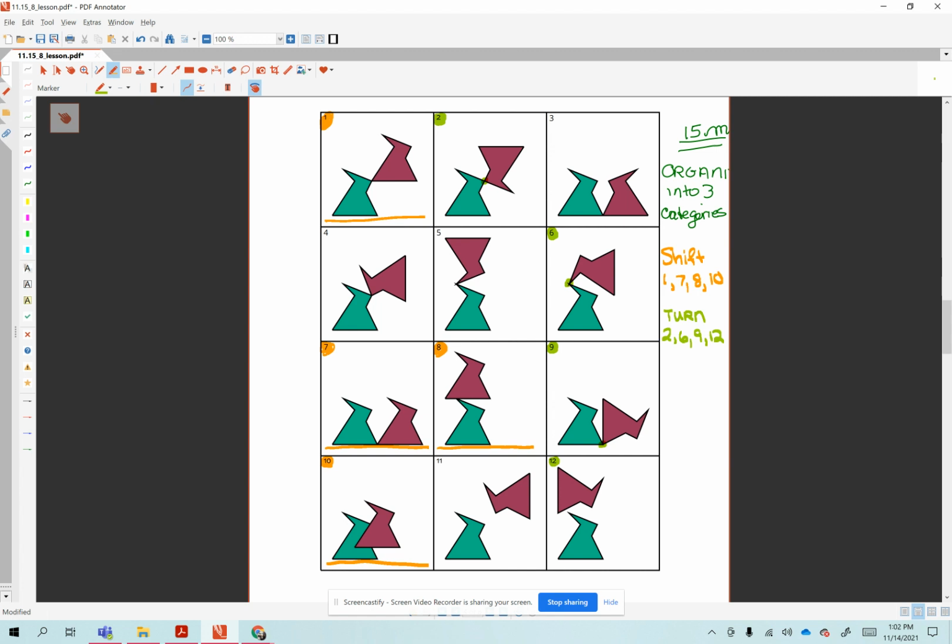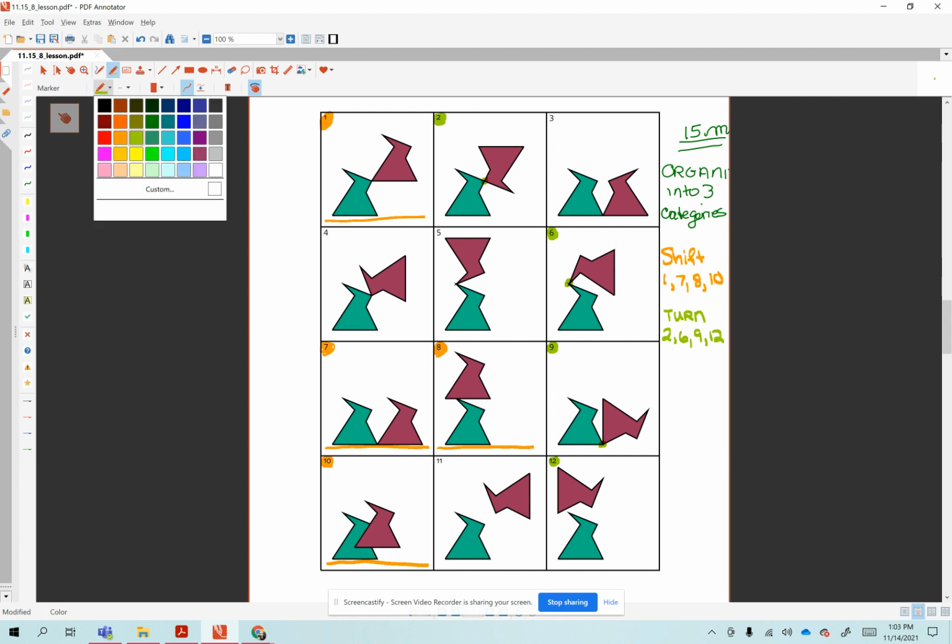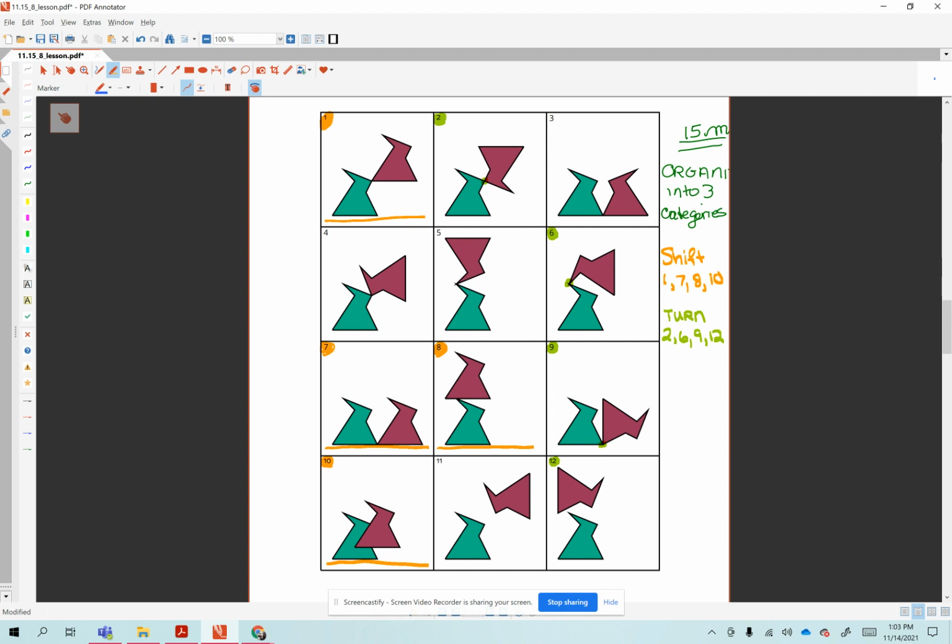Let's get a new color. Then we have those mirror images, that new move that we talked about. That would certainly be 3, 5, 4. Now, 4 is a funny one. We'll get back to that.